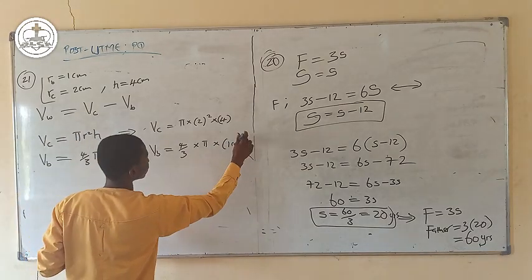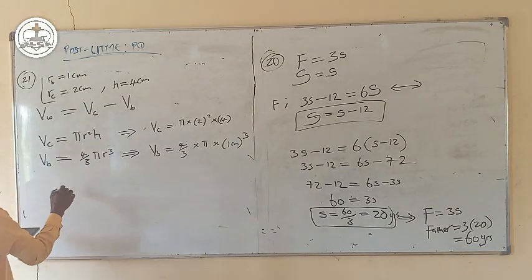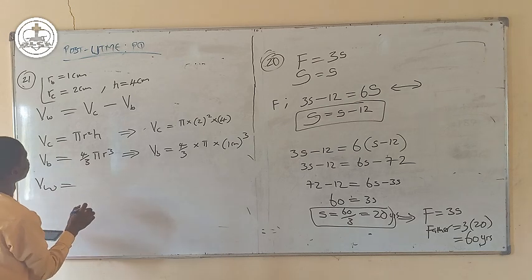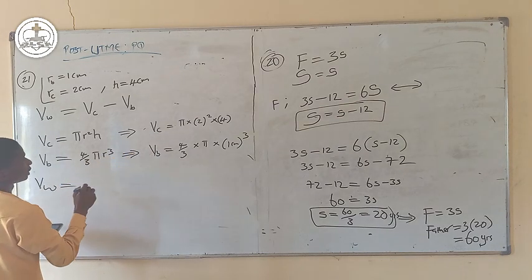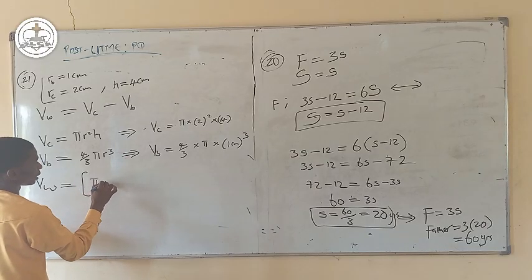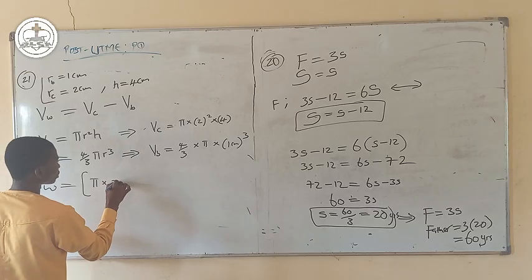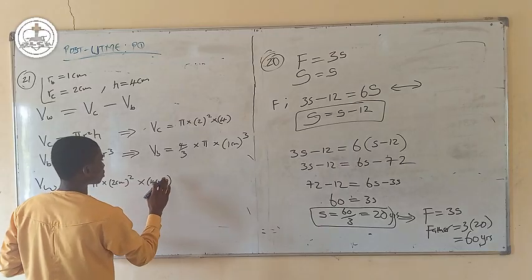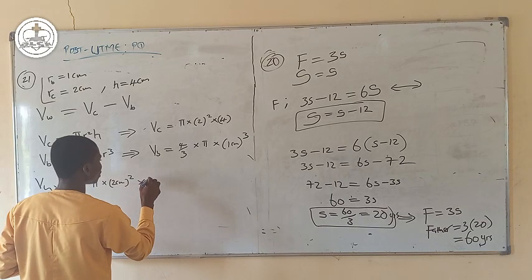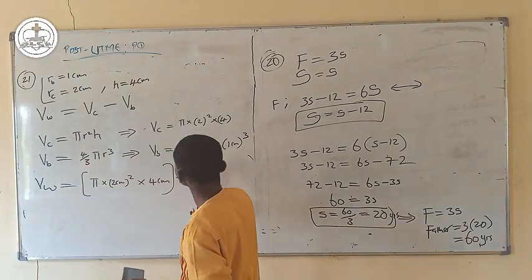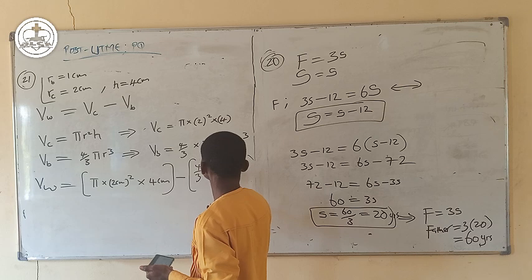Volume of water is equal to the volume of the cylinder, pi times 2 centimeters squared times 4 centimeters, minus the volume of our steel ball, 4 over 3 pi times 1 centimeter cubed.